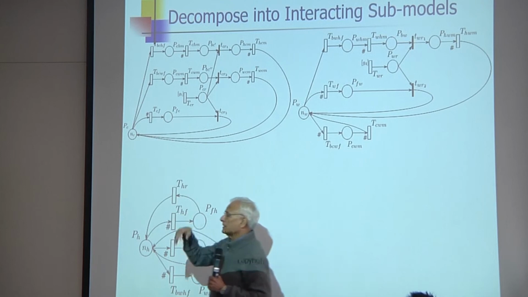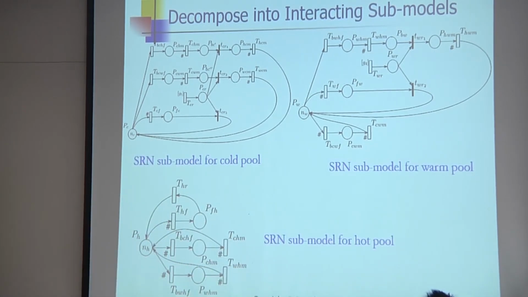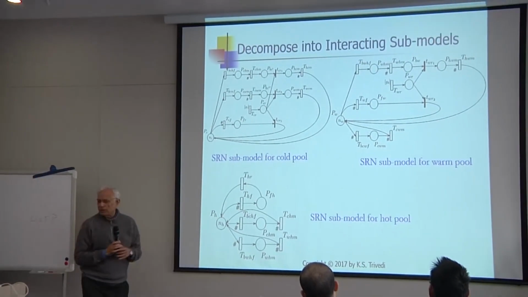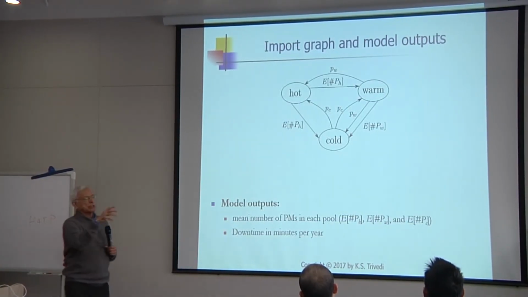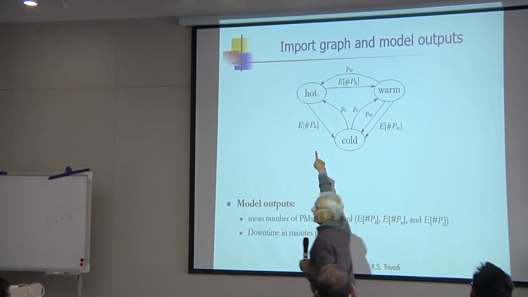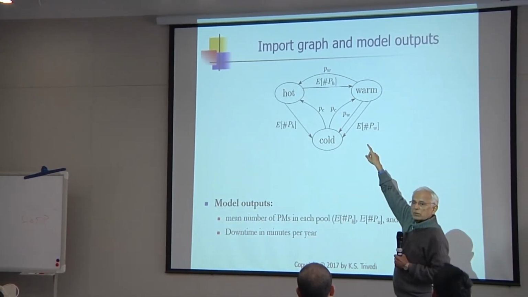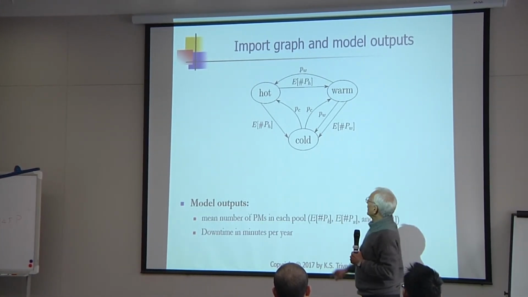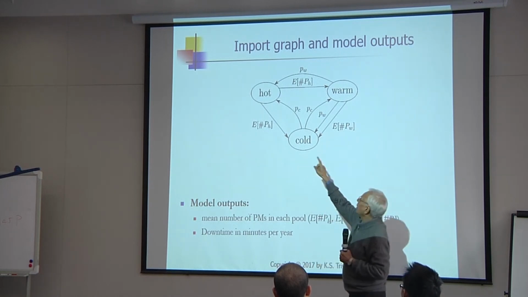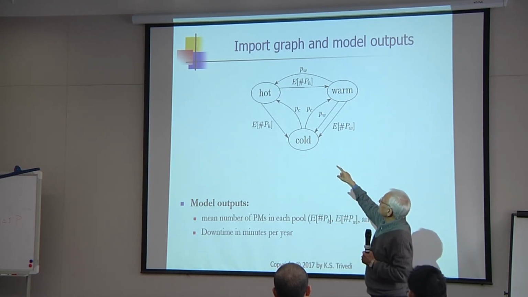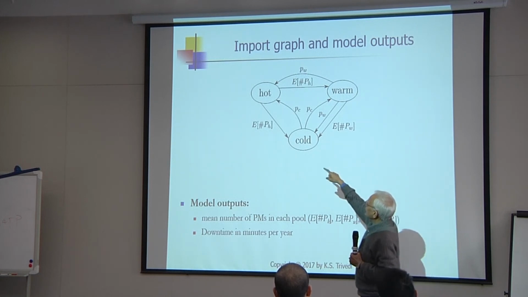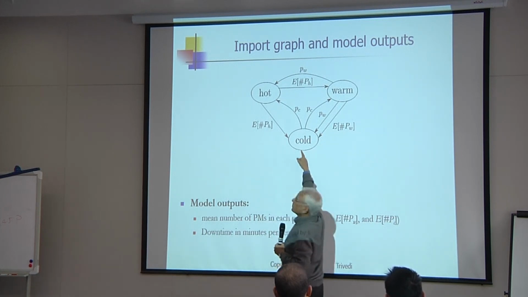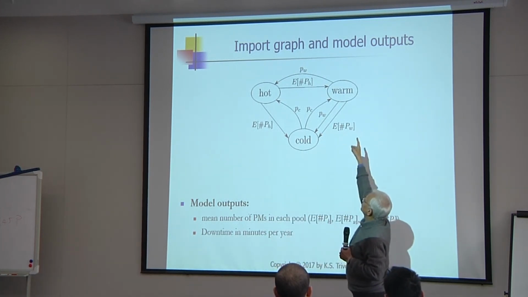So they will communicate after solving, not at the time of solving. So these are the 3 submodels we develop, and then we draw the communication graph. That node is the hot machine model, the warm machine model, the cold machine model, and after solving the hot machine model, I will find 2 quantities, one quantity which is the expected number of tokens in a certain place in that model, which will be the input parameter to the cold machine model and the warm machine model.